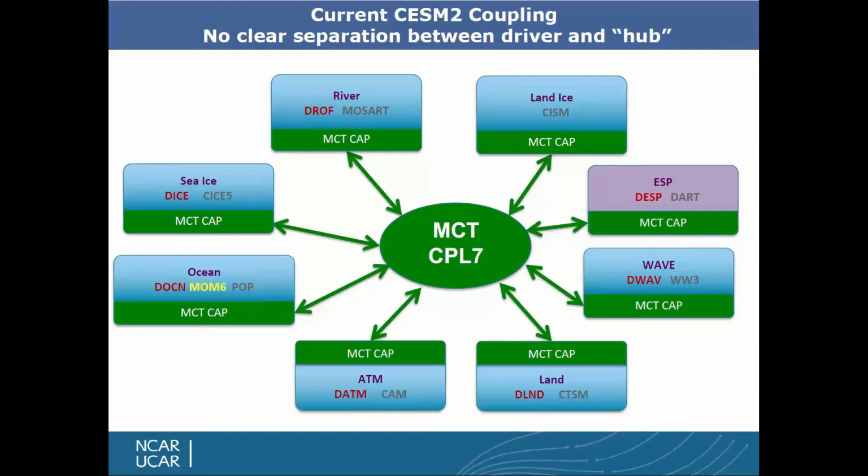And so it's very hard to say, well, we're going to share the coupler with other components, because you then have to share the driver as well. And the driver is set up with the workflow. And so there is, from that point of view, a lack of modularity in terms of being able to have true interoperability of this coupling infrastructure with a whole other set of modeling components.